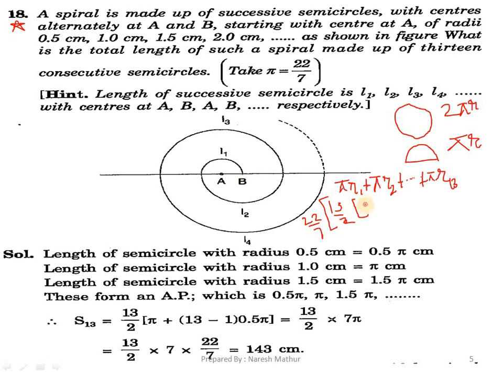Now a is 0.5. The radii are starting from 0.5, 1, 1.5 and so on. So I am just writing 0.5 as a half just for simplicity, plus n minus 1 d. So n is 13, 13 minus 1 is 12 into d. d is also half, so we can write it as 1 by 2.